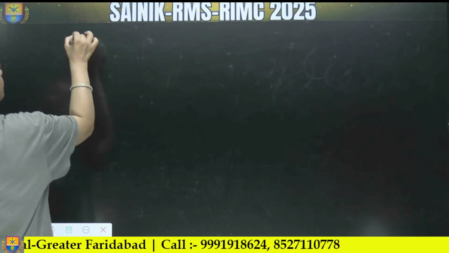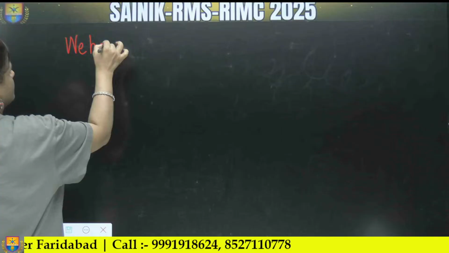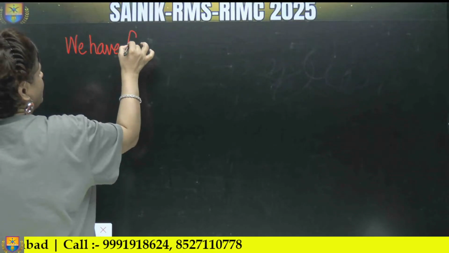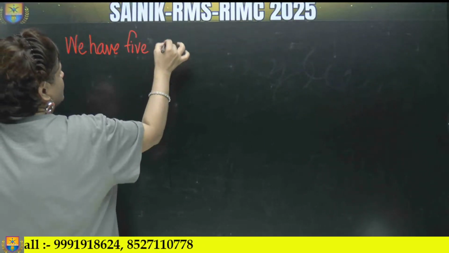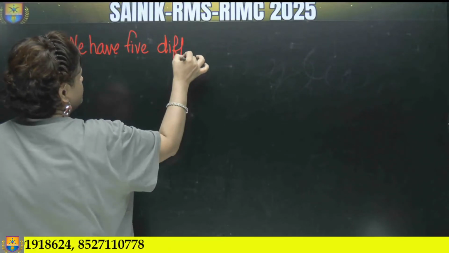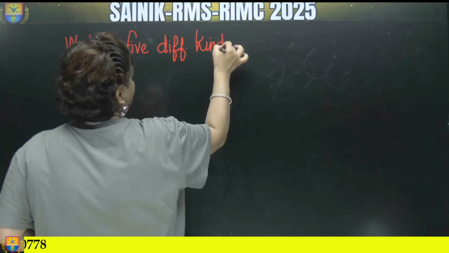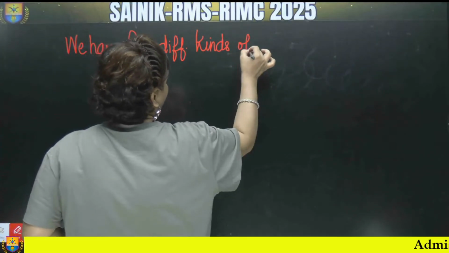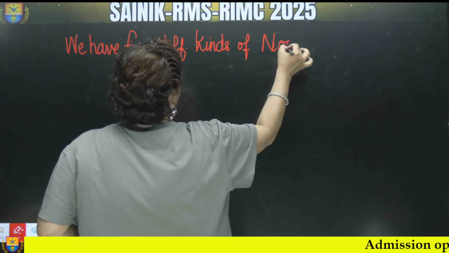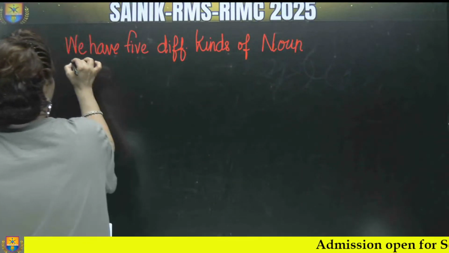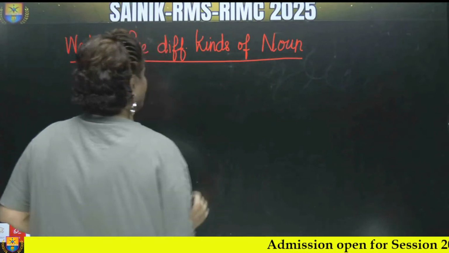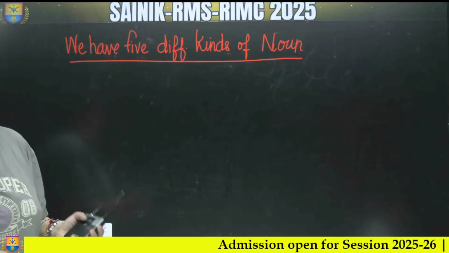We have 5 different kinds of noun. So we have different categories in noun.